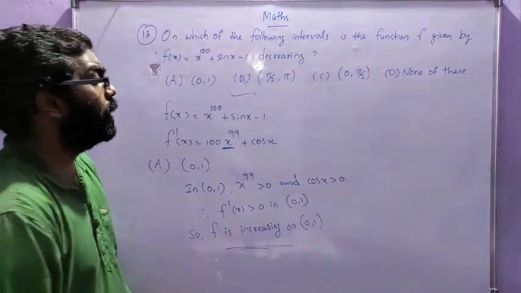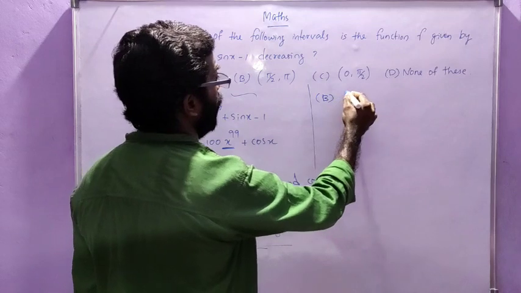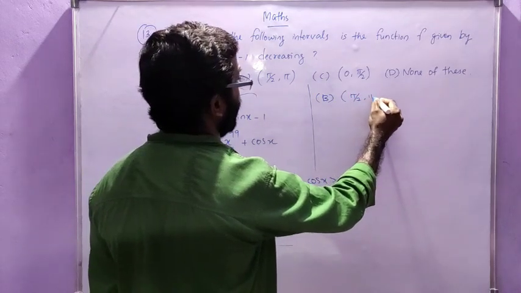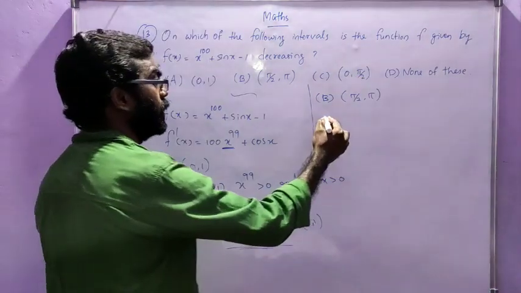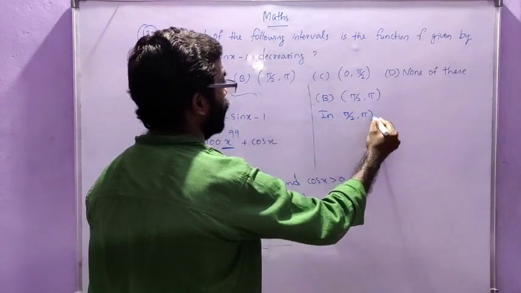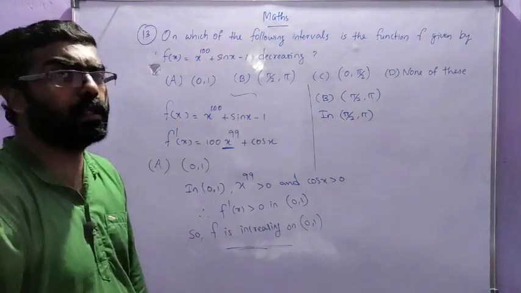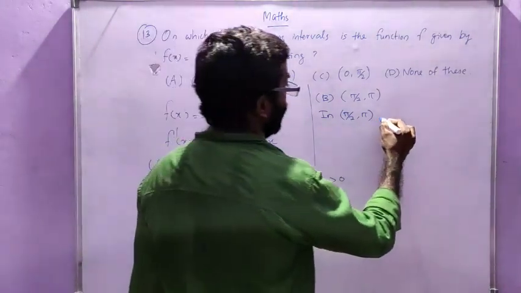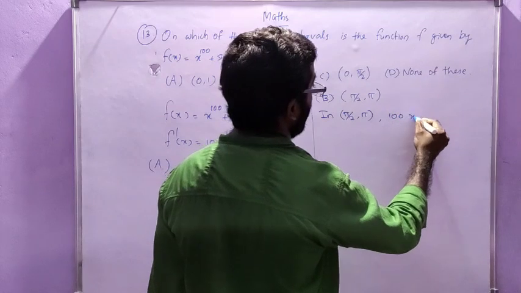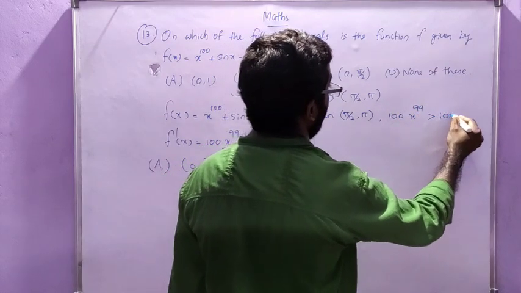Now we take the second one, b, open interval pi by 2 comma pi. Here also we can check term by term. So in pi by 2 comma pi, 100 into x raised to 99 will be greater than 100.